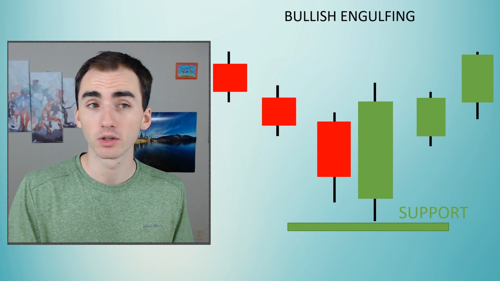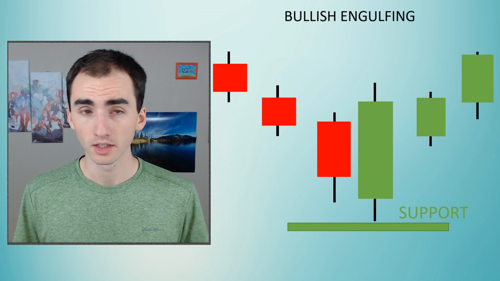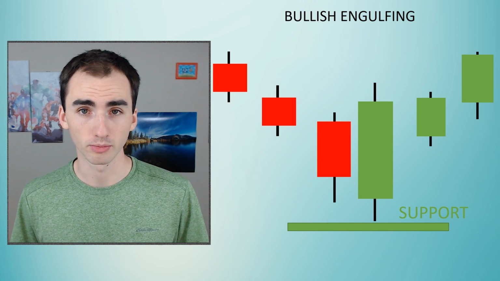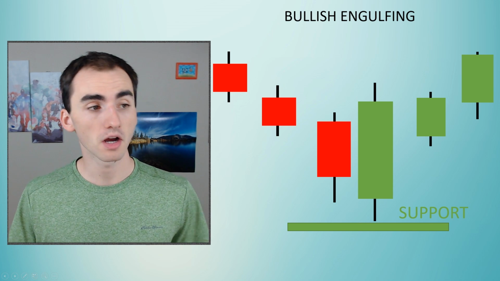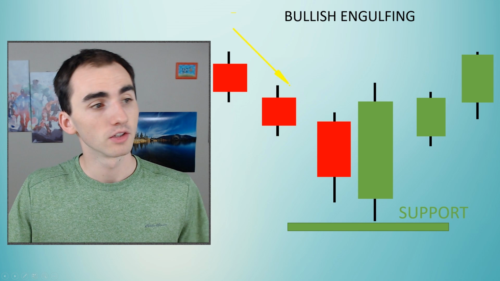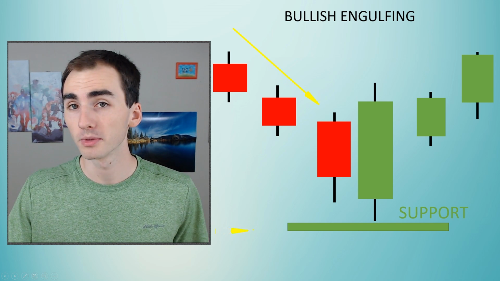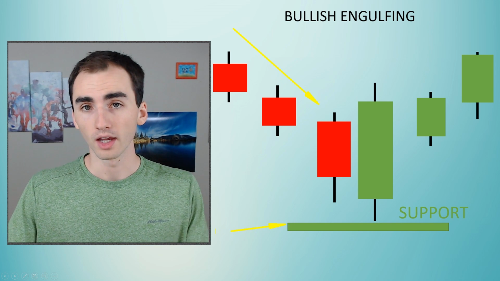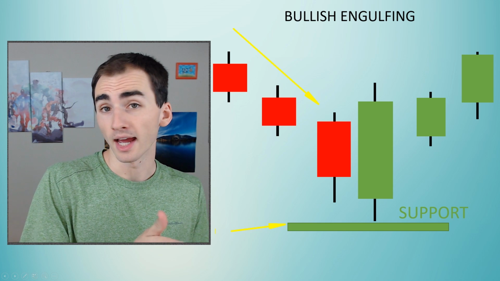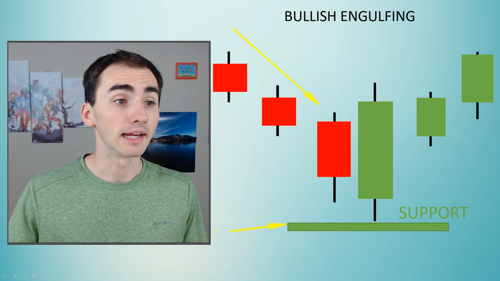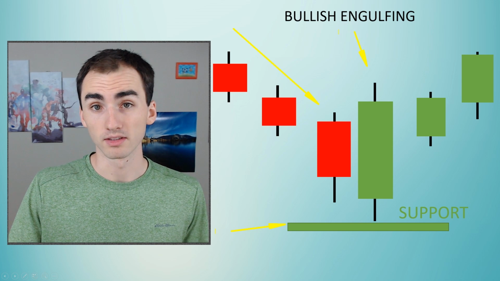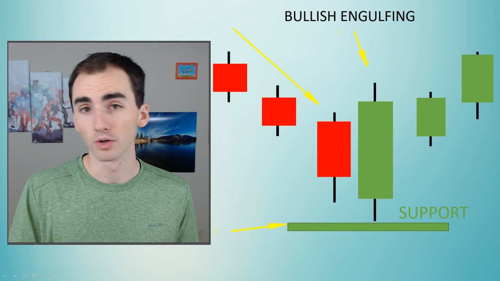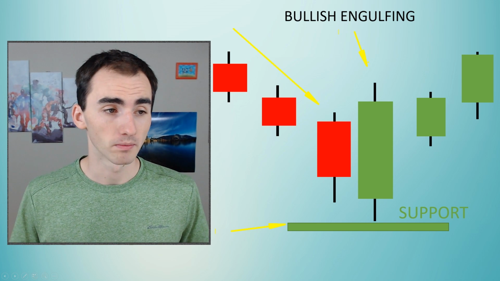And first we're going to go over the bullish engulfing, which is a long reversal pattern. For the bullish engulfing pattern, the idea is that a stock is trending down towards a predetermined support level. At this support level, a huge green bullish candle happens the next day or just at that level somewhere.